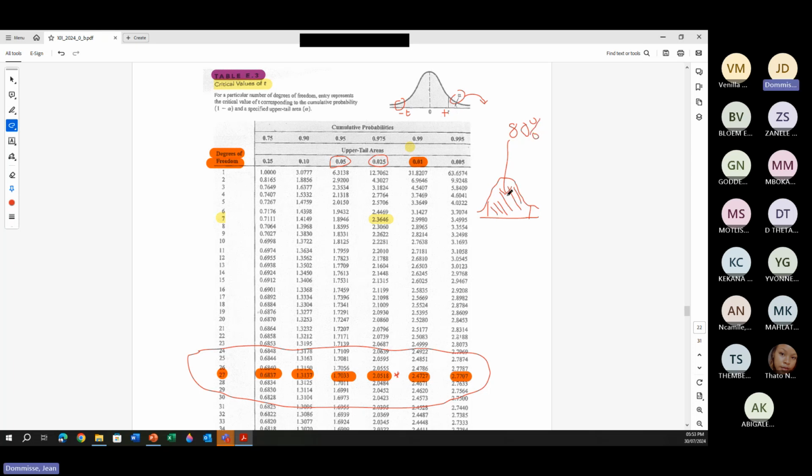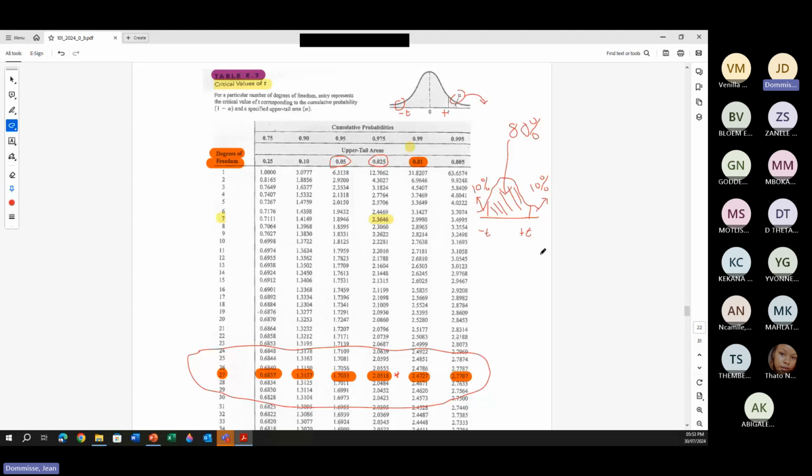So that's 80% between minus t and a positive t. Because there's 80% and this whole area needs to be 100%, what's sitting in this component is 10%, and what's sitting in the other component is 10%.